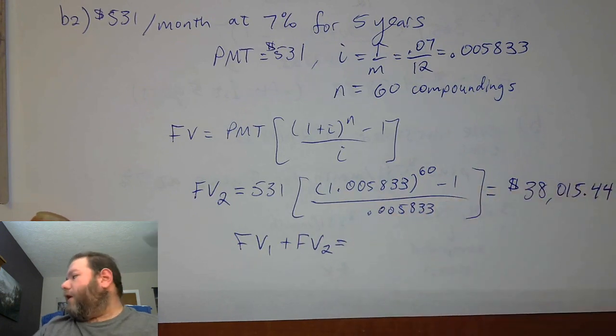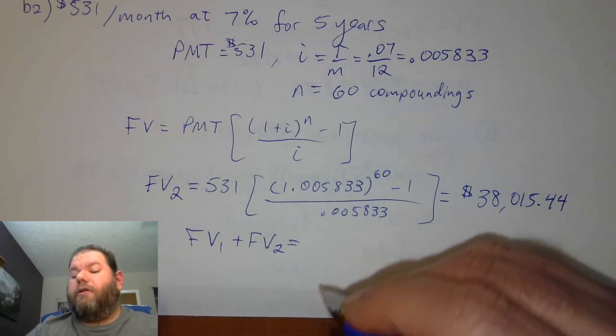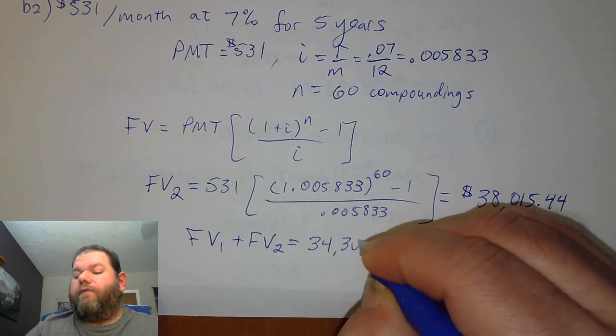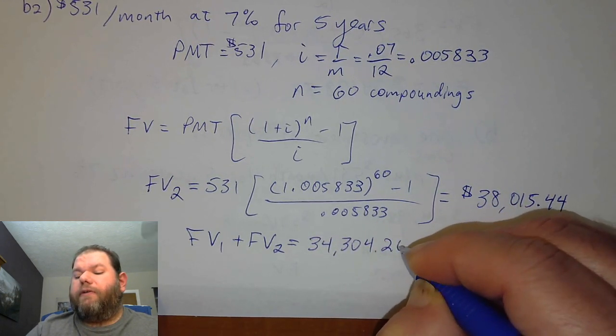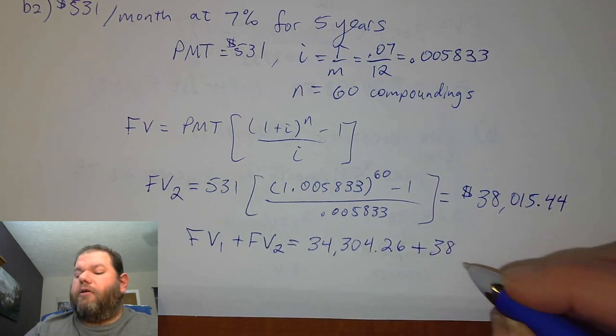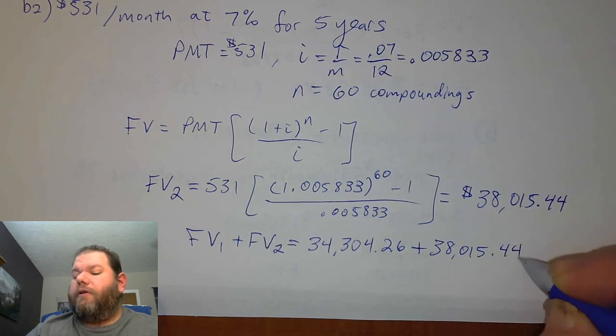So now we're going to add the two future values together, and we should get the total amount remaining in the account after the end of the second 5-year period. So FV1 was $34,304.26. Here we got $38,015.44.